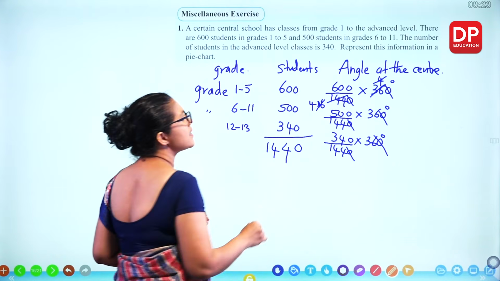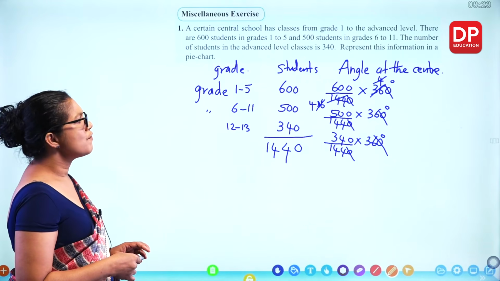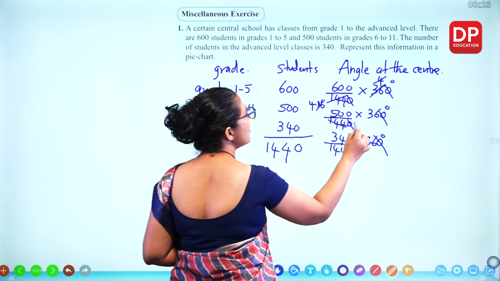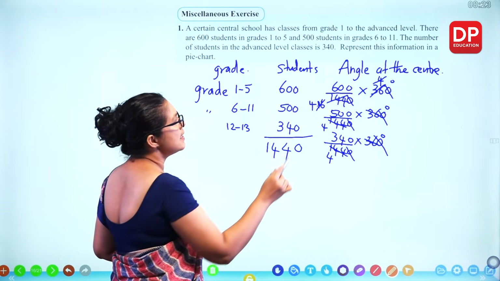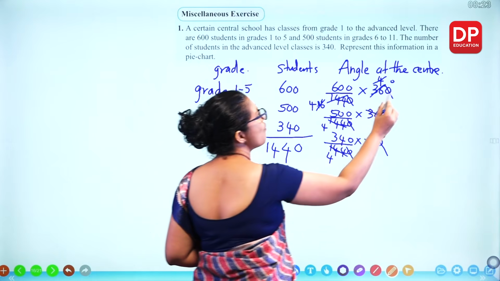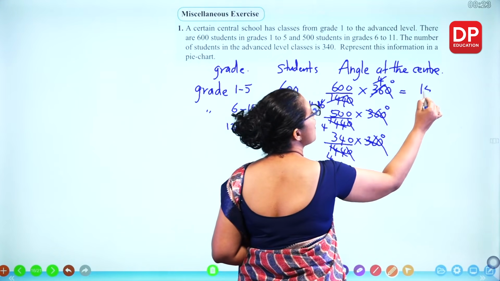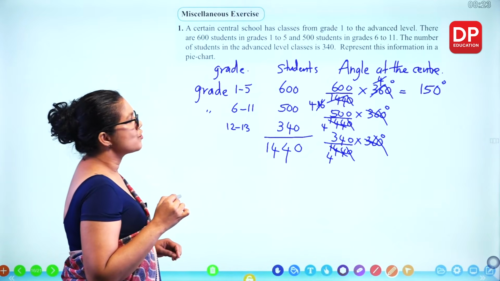So you get 4 times 360 is 1,440. So here all these you get 4 here. That means 600 divided by 4 for the first one. 4 times 1, 2 remaining, that's 5. So 150 degrees for grade 1 to 5.